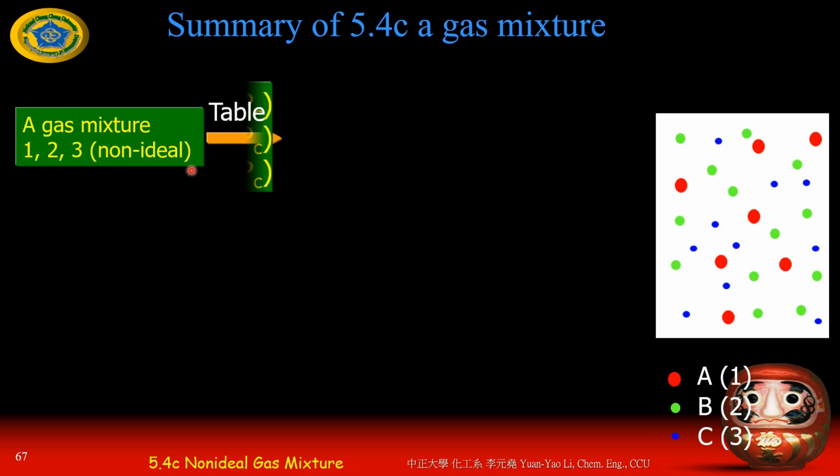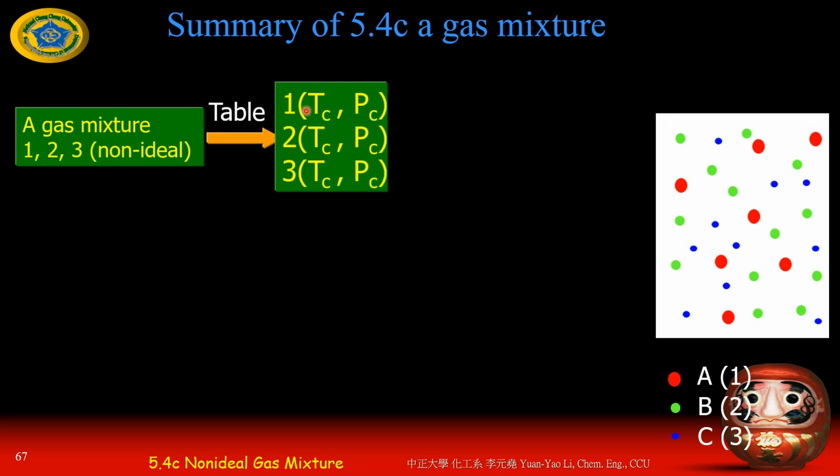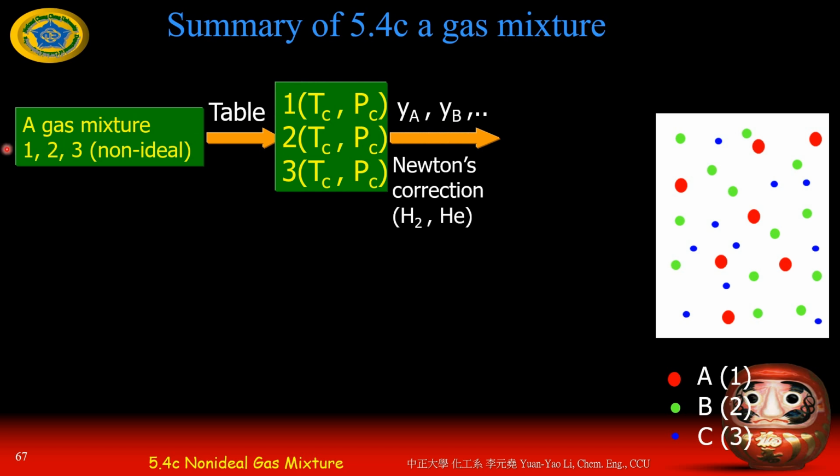The important thing is you need to find the critical temperature and critical pressure for the 3 species. After that, you need to find the ratio of these 3 species, yA and yB. You also need to know whether these species involve hydrogen or helium, because you need to do the Newton's correction.